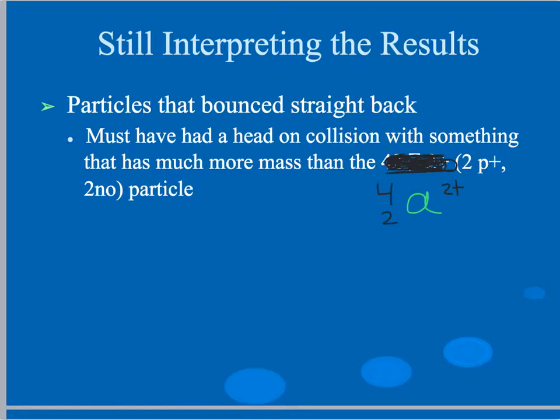Mass of 4 comes from 2 protons and 2 neutrons. So that's a 0 because neutrons are 0 charge. Okay, so if they bounce straight back, you had the positive foil, and then these little tiny alpha particles were going in and then bouncing straight back again.